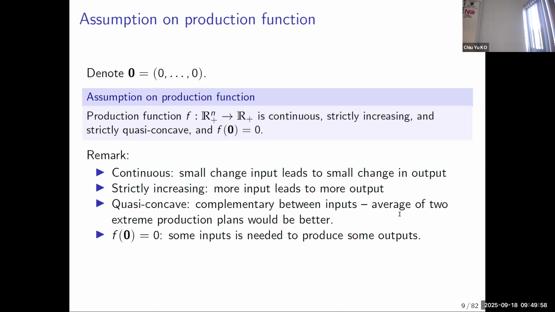Same here. If you assume your production follows the same idea, you have that. Again, that's because the optimization problem will need to use this solution, right? And the last one, I guess we have mentioned many times already: zero should always be in the frontier. You have the option to do nothing.